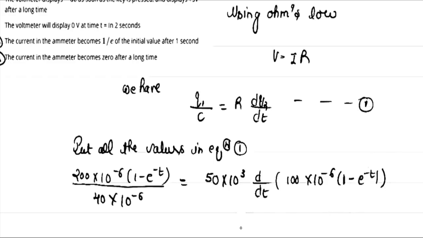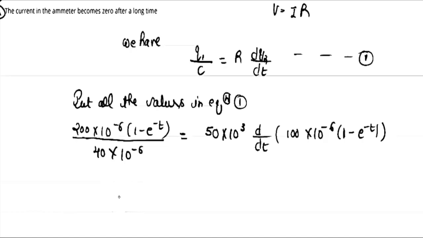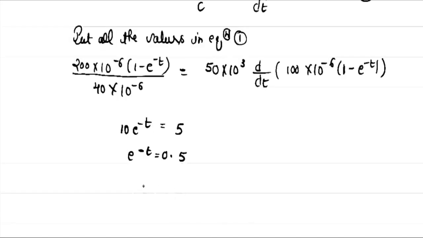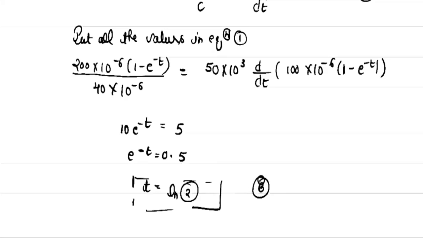After the calculation, that is 10 e to the power minus t equals 5, and e to the power minus t is equal to 0.5, and t is equal to ln 2. So the statement of B is correct. According to this, statement 2 is correct, B is correct.